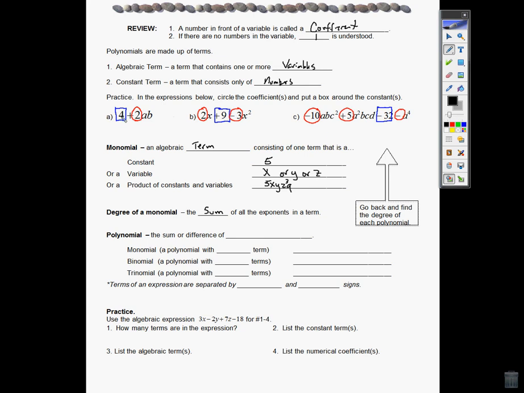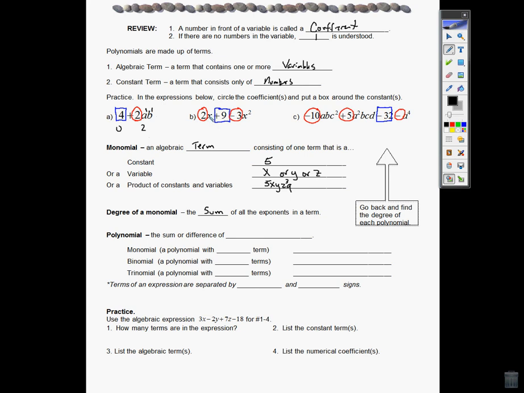This right here has just a single constant value, so it doesn't have a degree larger than 0. In this case, I have two variables, each raised to the first power. Remember, just because it's not there doesn't mean that there's no number. A to the first, b to the first, the sum of the two, the degree is 2.